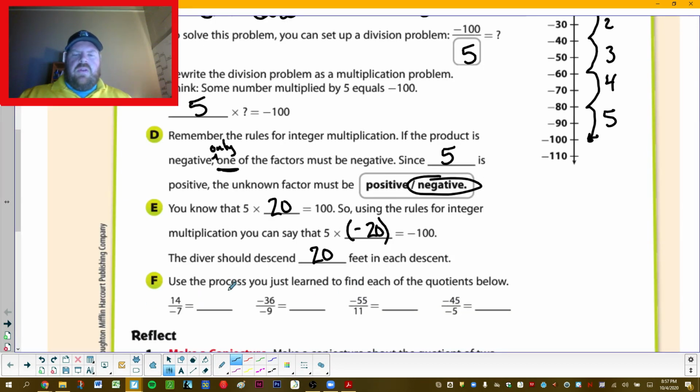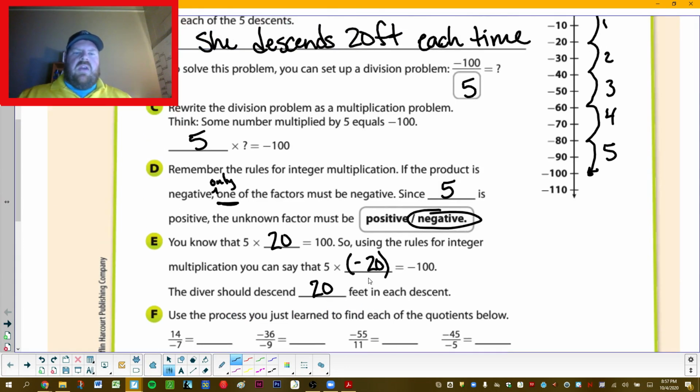So the diver descends 20 feet each time. That's what we said at the start. And if we answer this problem, negative 100 divided by 5 should be negative 20, and we're using that negative to say that she's going downwards each time.